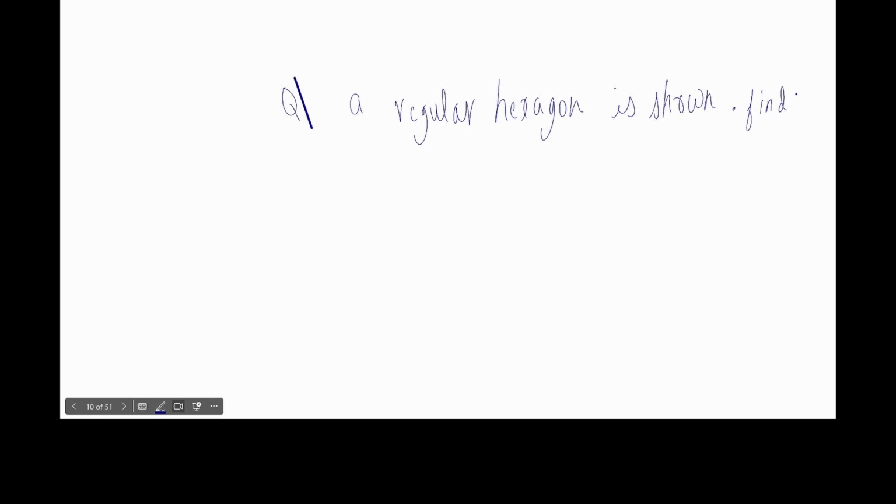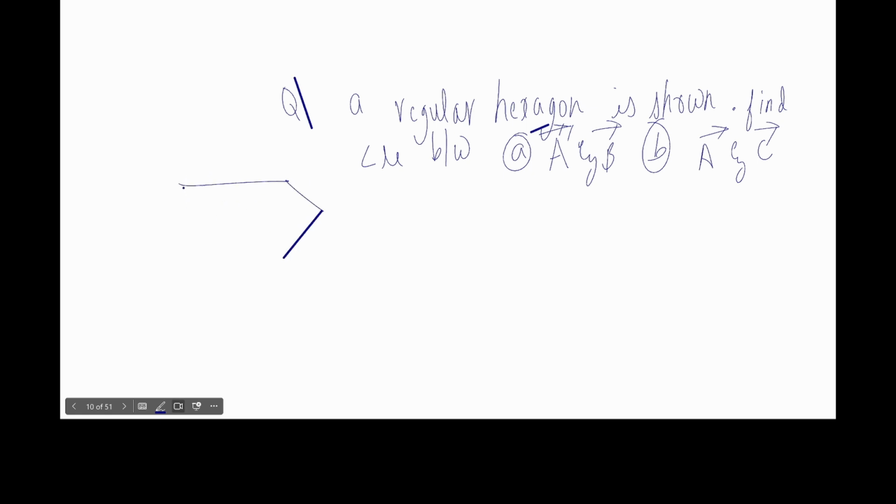Find the angle between, first, vectors A and B, and second, A and C. Let me draw a clean diagram of a regular hexagon.